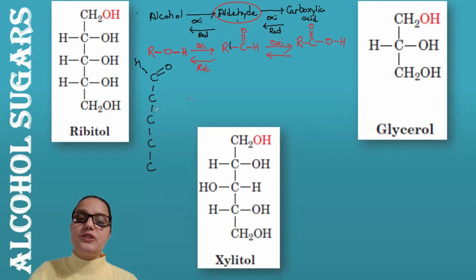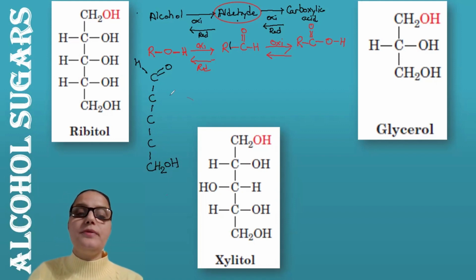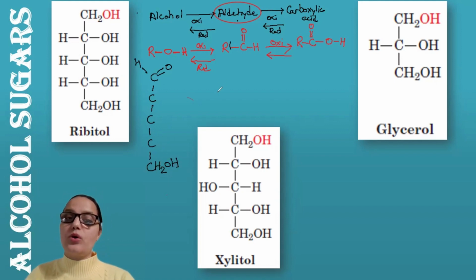So each of the carbons needs to be associated with a hydroxyl group, but on the interstitial carbons, we need to be careful about the orientation, or we can say the configuration, of the hydroxyl group. And that configuration comes from the code.